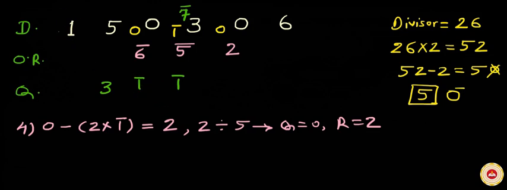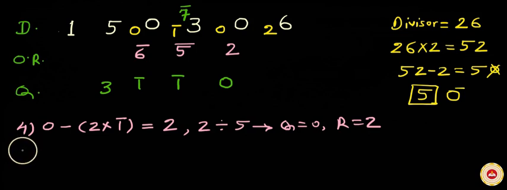Now write quotient 0 in the quotient area and remainder 2 as a prefix to next digit, last digit, which is 6. Now read this as 26 and not as 2 and 6 separately.